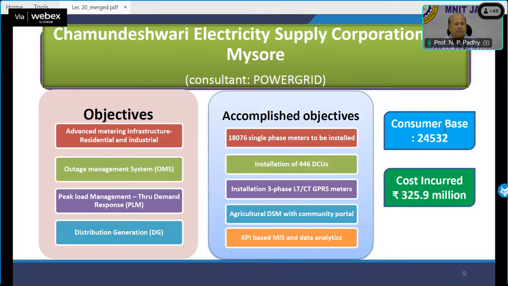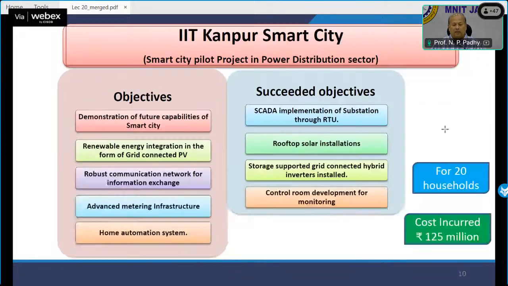The objective was AMI infrastructure, advanced metering systems for residential and industrial customers, outage management system, that is OMS, and peak load management through demand response programs and distributed generation initiatives. What they accomplished, if you see very closely: 18,000 single phase meters installed, installation of 446 DCUs, installation of three phase LTCT meters, agriculture DSM with community portal, KPI based MIS and data analytics for rural Karnataka.